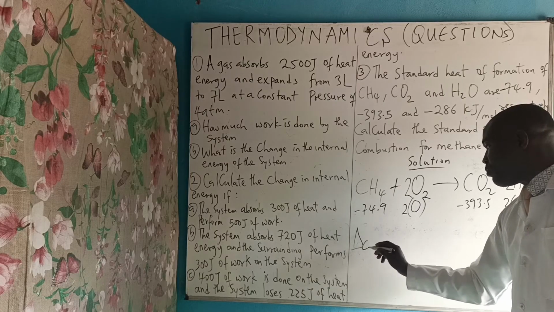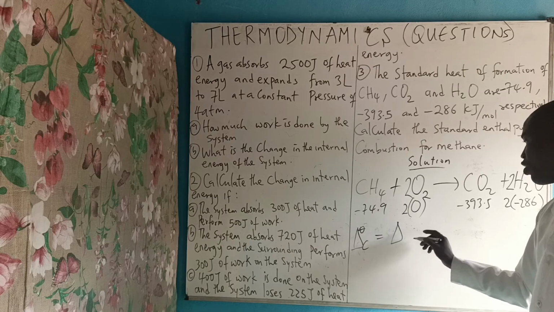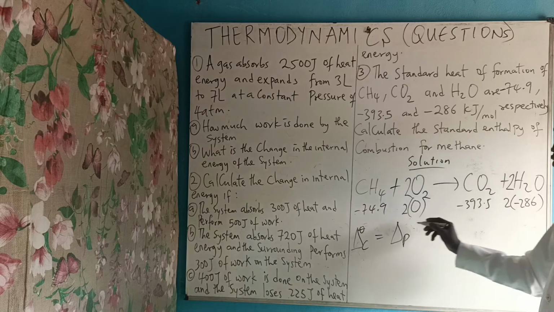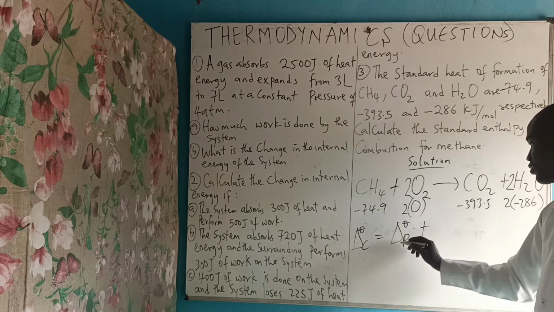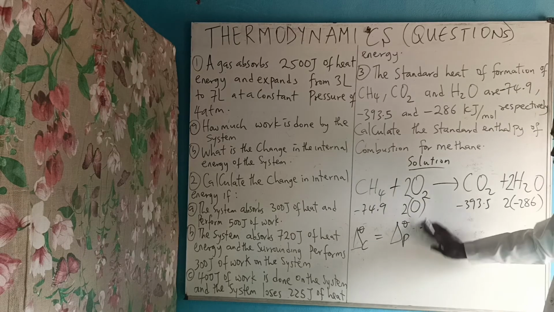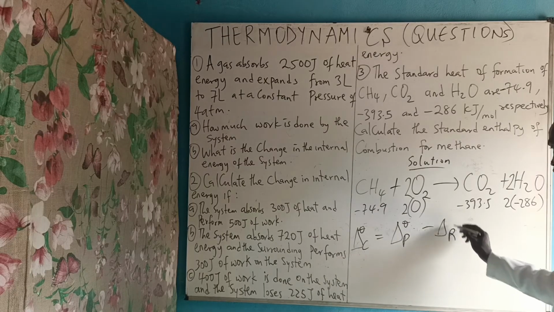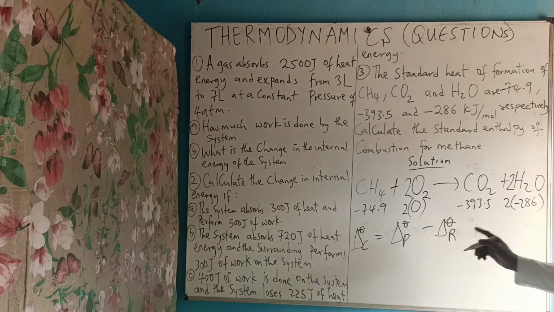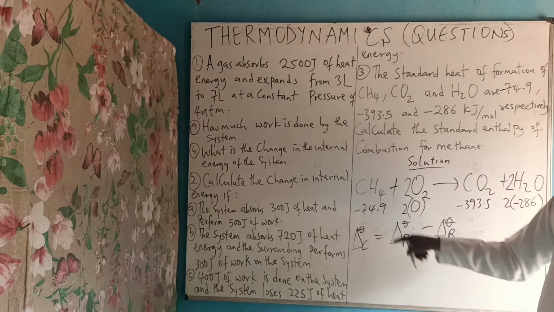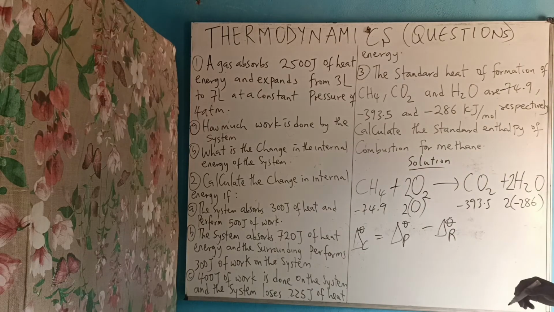Now the standard enthalpy of combustion is equal to the change in enthalpy of what? The products: add up the enthalpy of the products, minus the enthalpy of the reactants. So if we add this and subtract it from this, it will give you the standard enthalpy of combustion, which is what we are looking for.